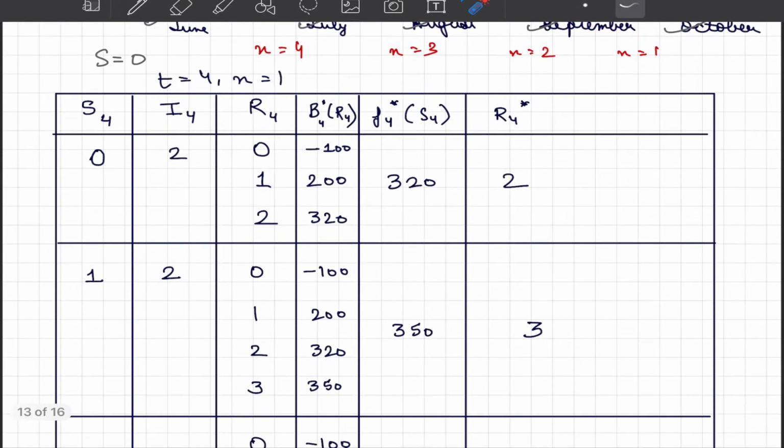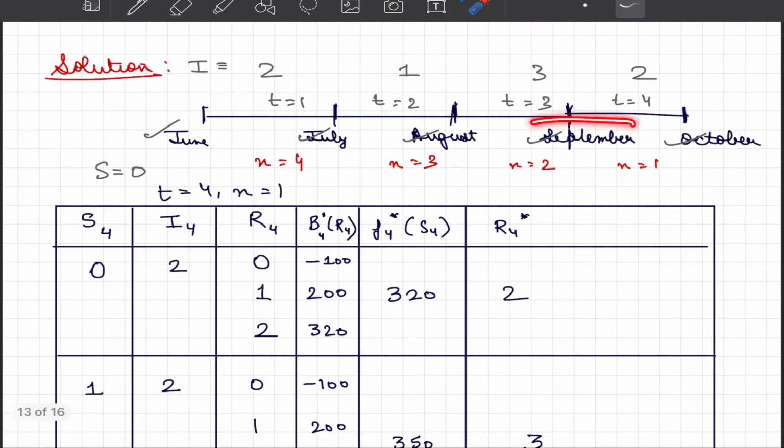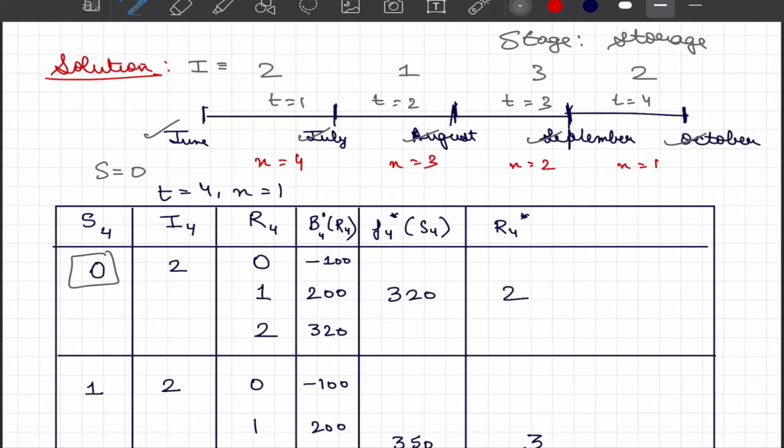So the first state that is possible here is the amount of storage that is available at the beginning of September. So our state in this case essentially means how much storage we have. If we have 0 units of storage, this amount of precipitation is given to us.